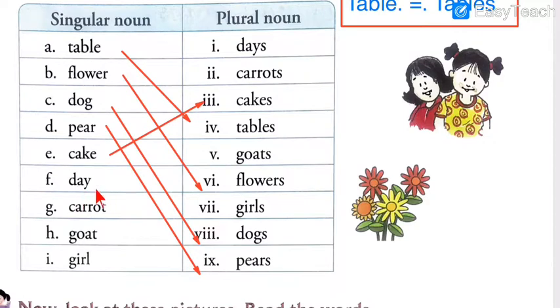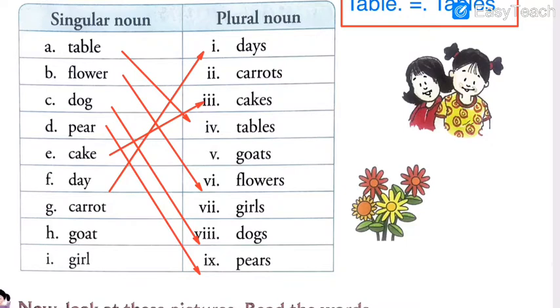Now day, obviously days. So where are the days? Number 1. Here the correct option is, let us match F, day, with the plural days, number 1. Similarly, next one, carrot, will become carrots. So where are the carrots? Here, just after the days and before cakes, number 2.